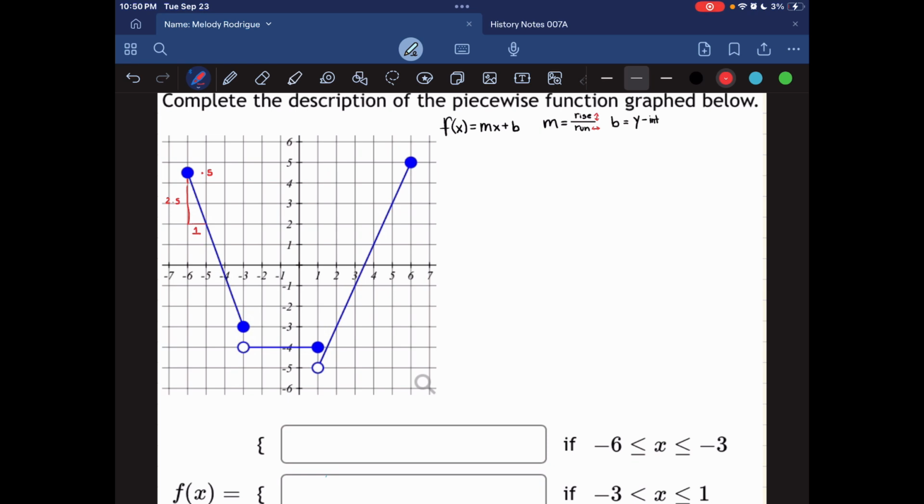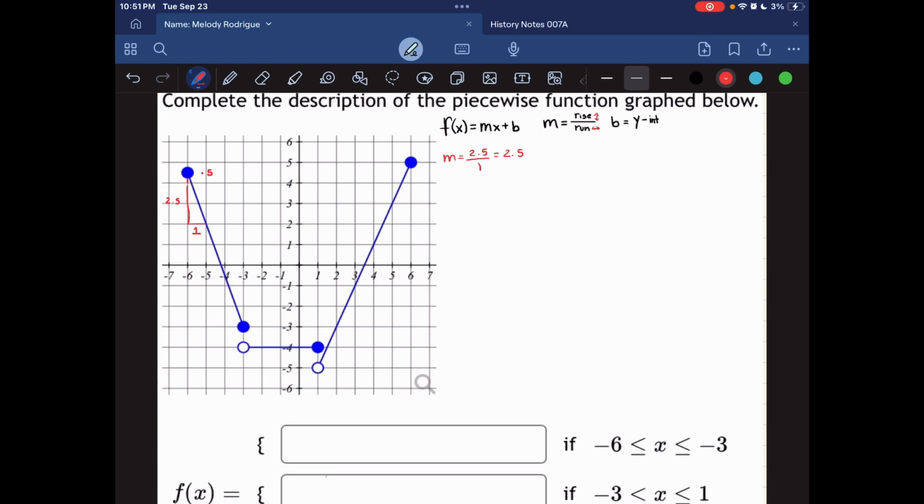So our m is 2.5 over 1. And we can conclude this to just be 2.5 because it doesn't necessarily have to be over 1.